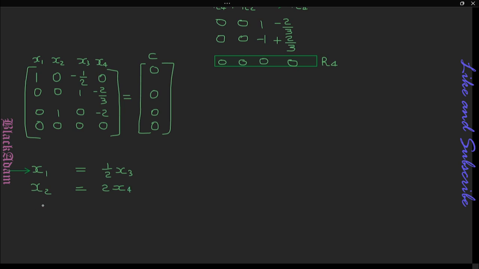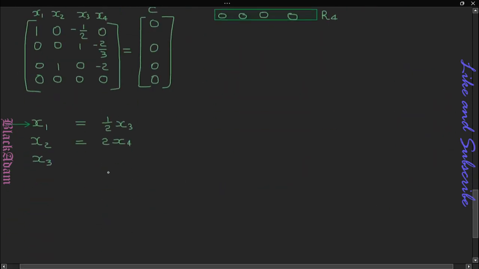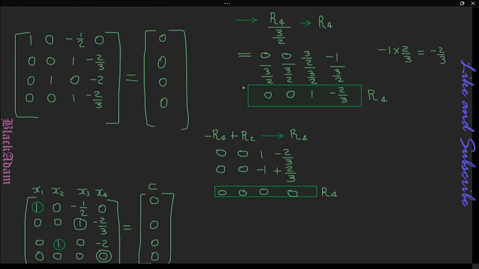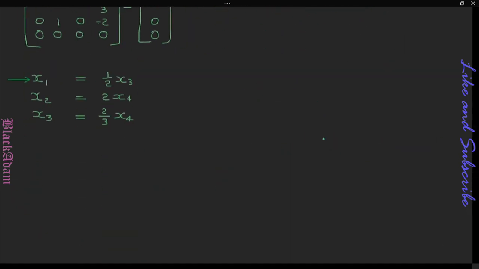So x2 is going to be 2x4, and then x3 is going to be 2/3 x4. And x4 is a free variable.